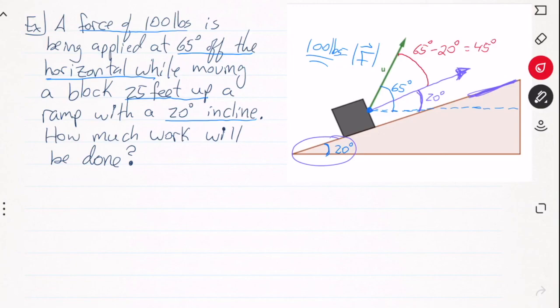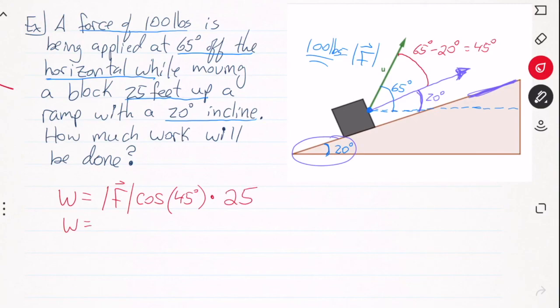So if we're going to use our formula, then work is going to equal the magnitude of the force vector in the direction of the motion, which would be the cosine of the angle between the force vector and the direction of the motion, and that angle is 45 degrees, times the distance, and the distance was 25 feet.